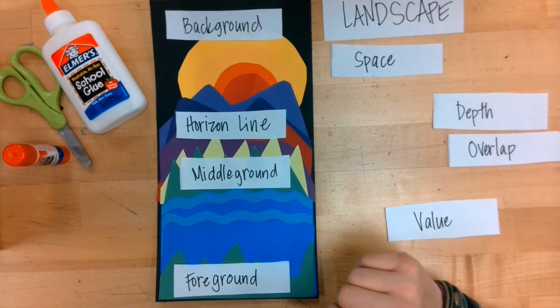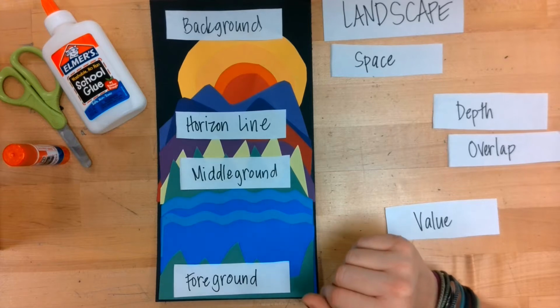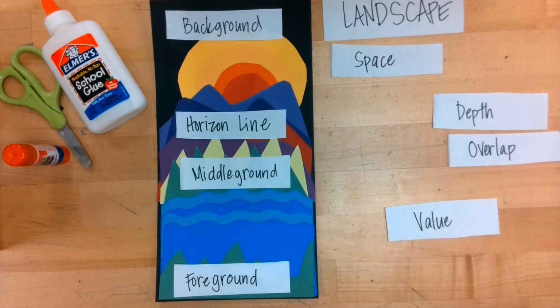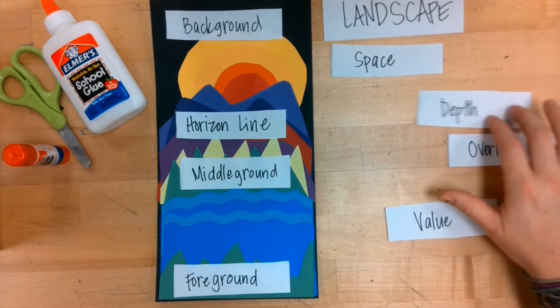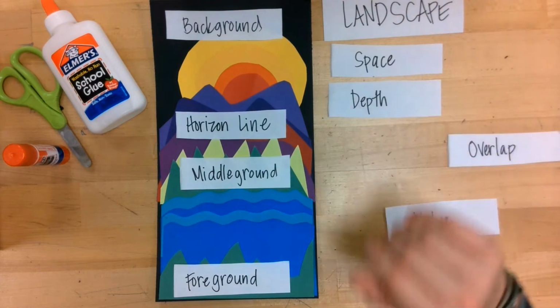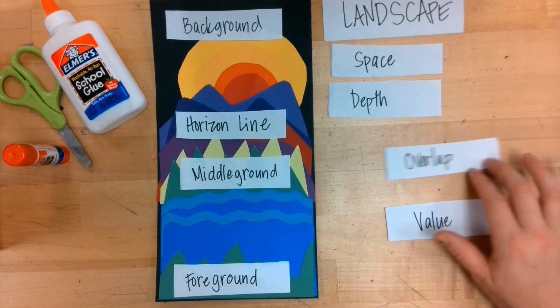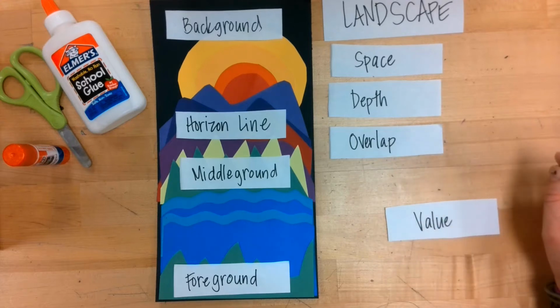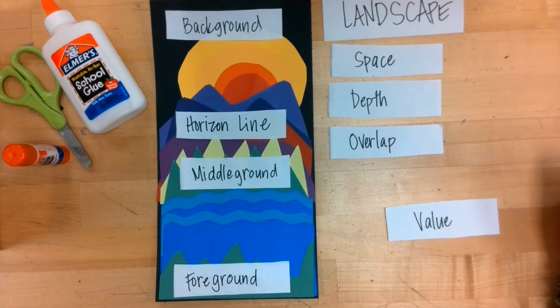As we create our landscape, we are showing the space in our work. We use depth to show distance. We overlap our objects to show the depth and the space relationship between the different components of our composition, like our trees, our mountains, our sky, and our water.